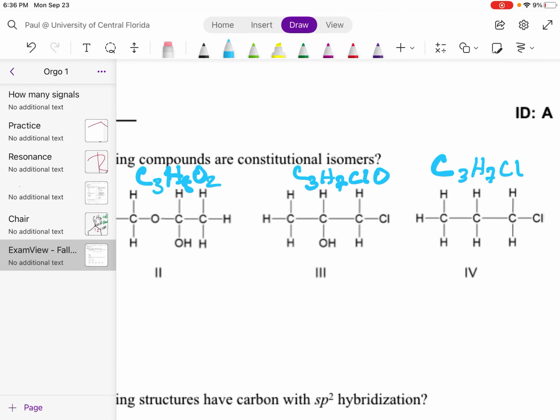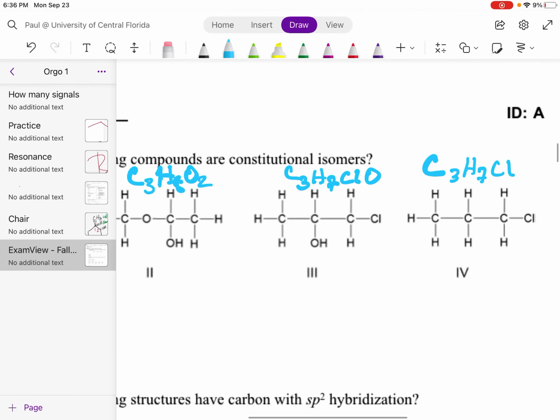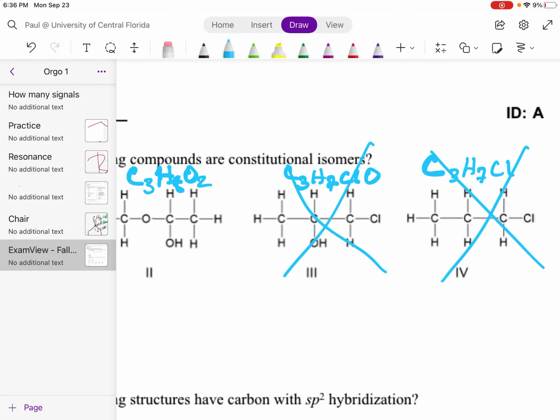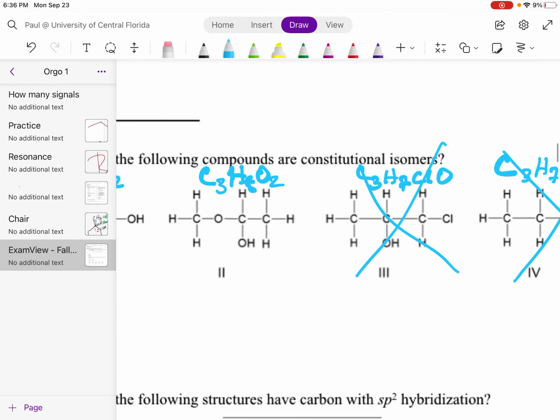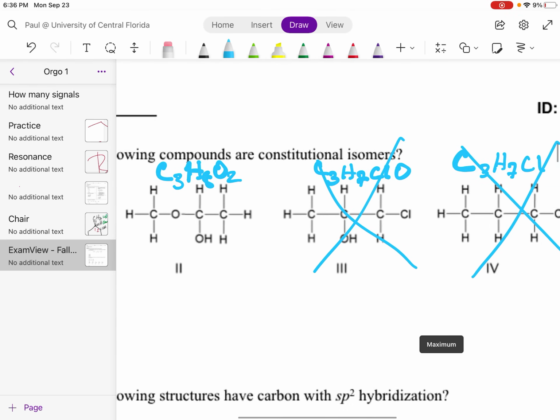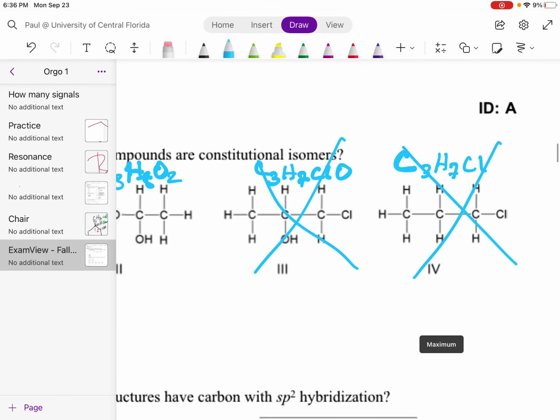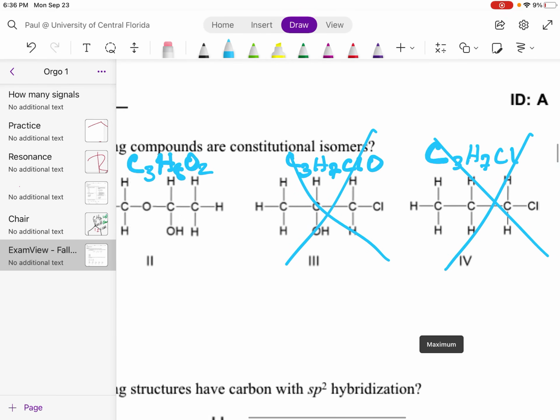So just by doing the molecular formulas here, definitely 3 and 4 are not constitutional isomers because they have different chemical formulas. And those don't match the chemical formulas of molecules 1 and 2. So those are out. That's done.